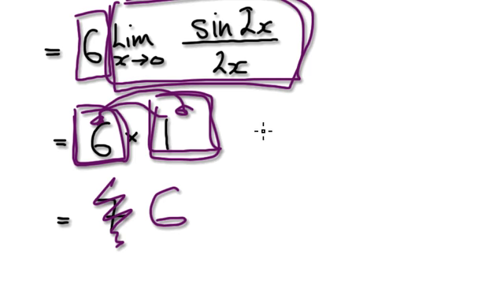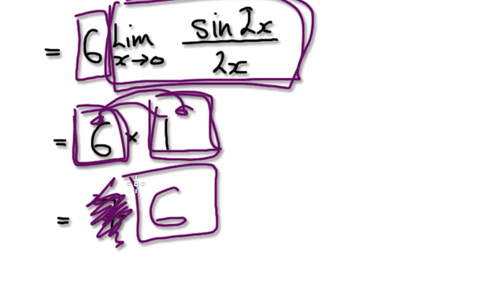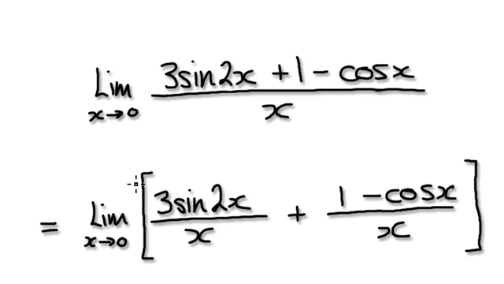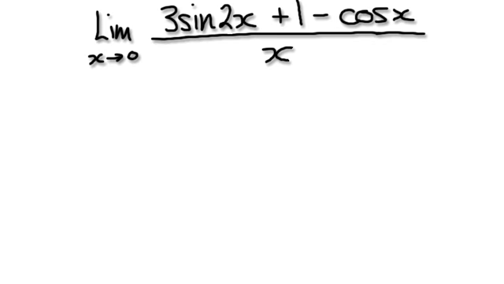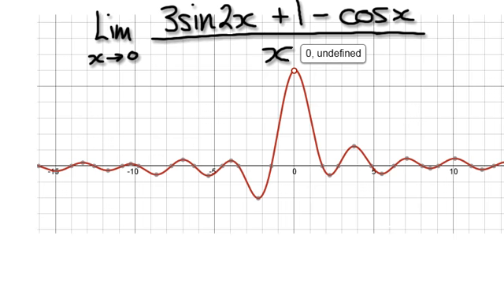If you get stuck on this, you can use your fingers or something, but it's definitely not 7. It is 6. So the limit is 6. Going back to your graph, you can see that this here is 5, and this here is 6. So the limit is 6.